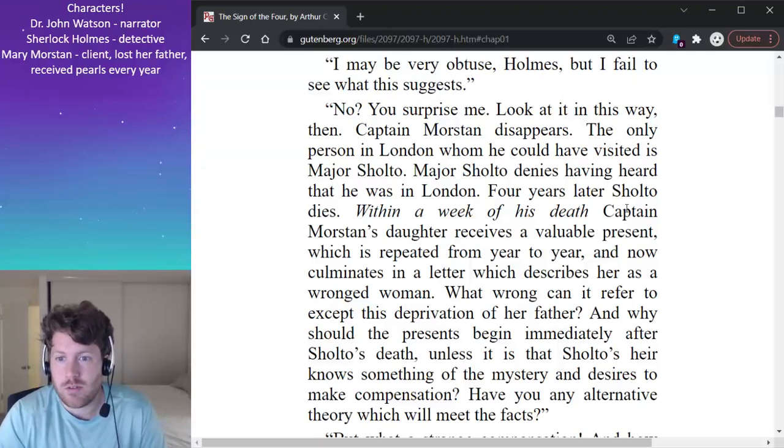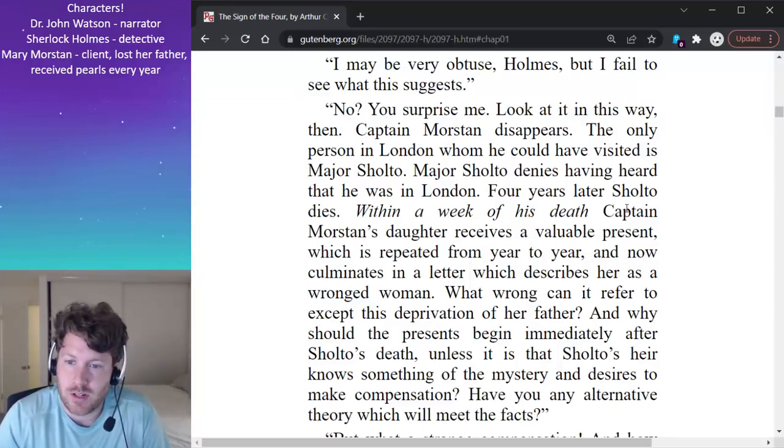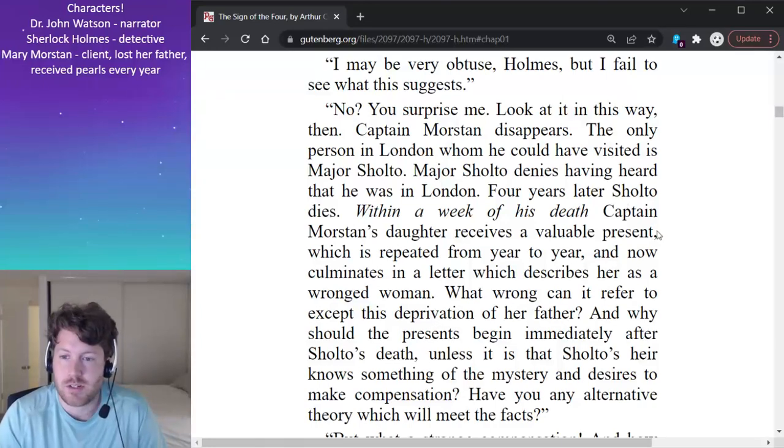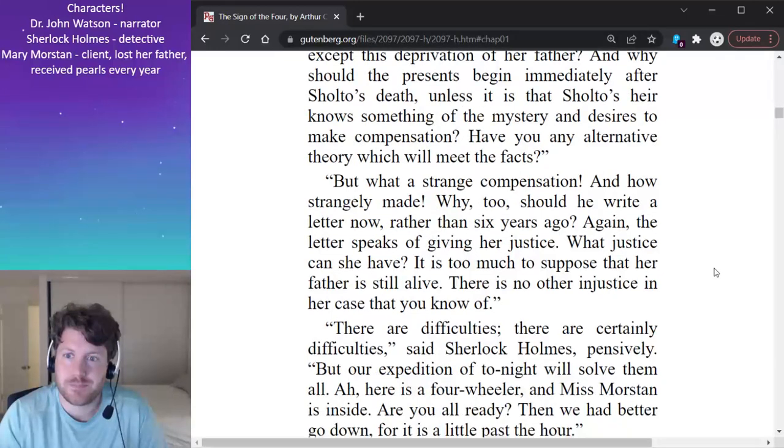What wrong can it refer to except this deprivation of her father? And why should the presents begin immediately after Sholto's death, unless it is that Sholto's heir knows something of the mystery and desires to make compensation? Have you any alternative theory which meets the facts?"